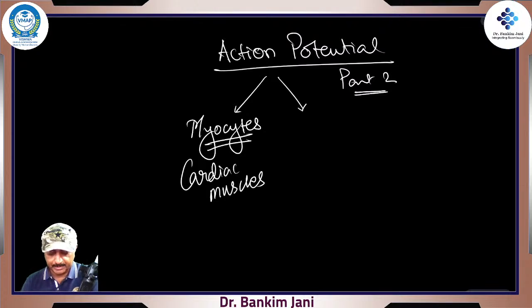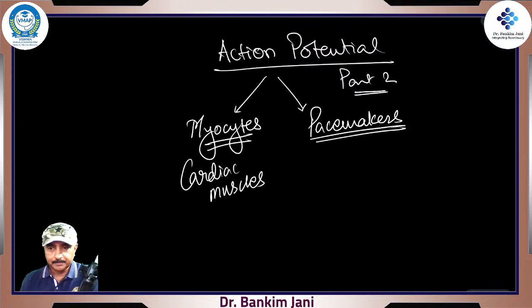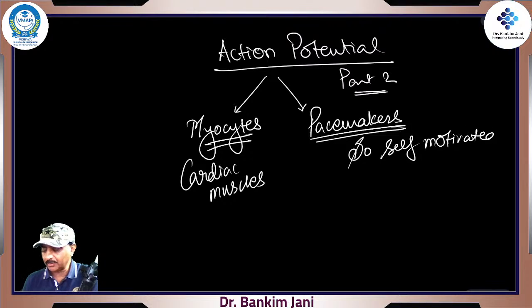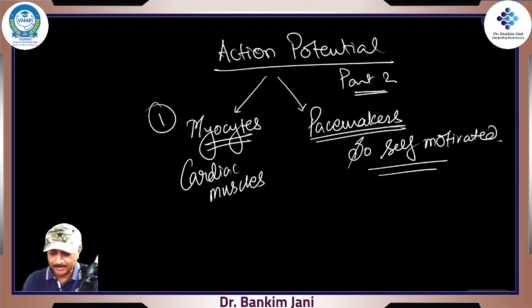In the second part we shall talk about what happens in the pacemakers, how they are so self-motivated. Logic tells that we should take the pacemaker first and then the myocyte, but we are taking the myocytes first, and there is a superb reason behind this.